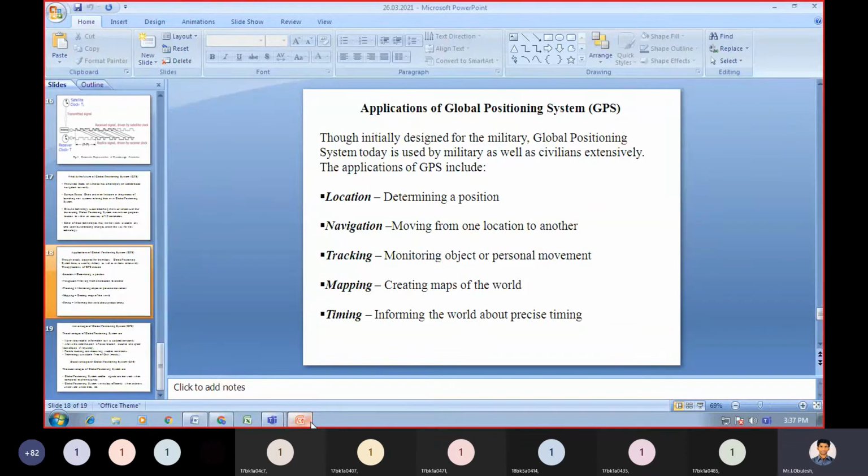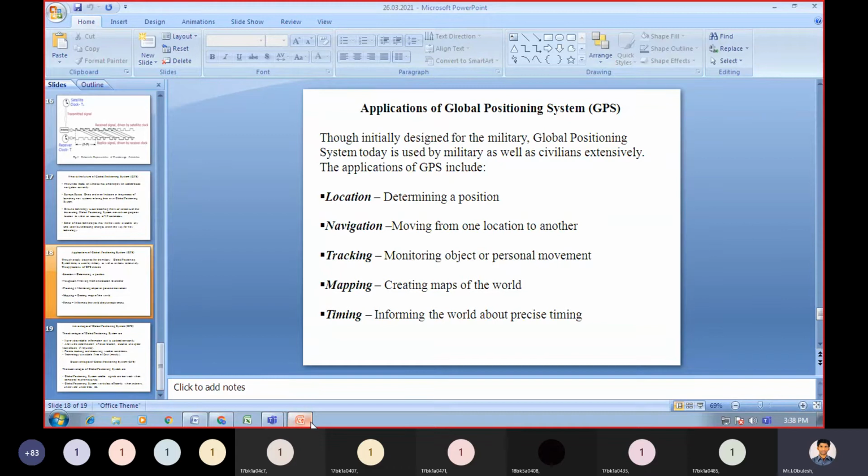Then tracking: you will be able to track the exact position of the target or object with the help of navigation and location. If you don't know the location, you are not able to find out the navigation or track the object or target.